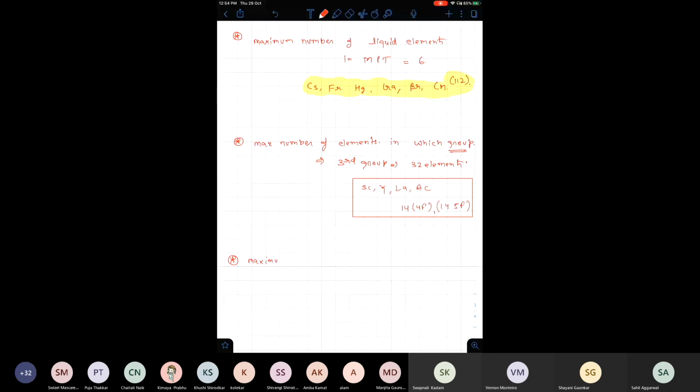Maximum number of elements in which period?